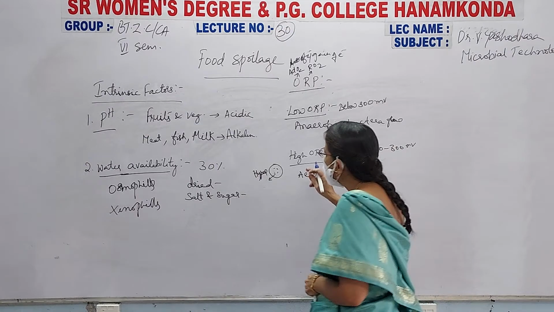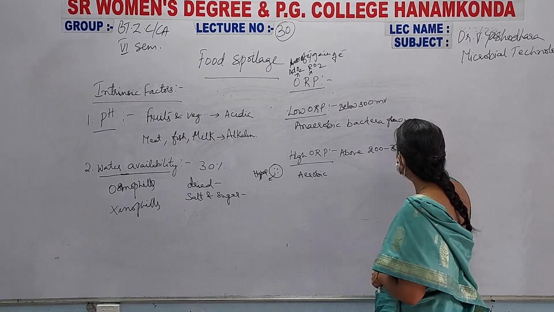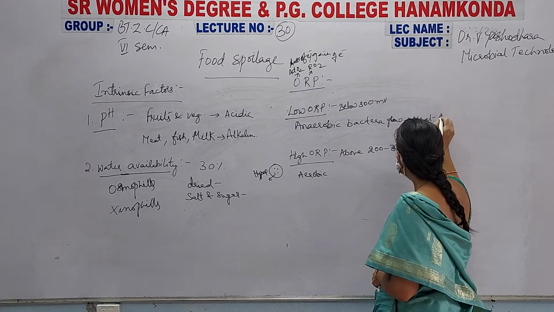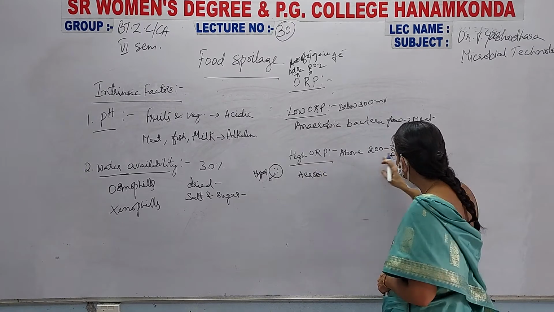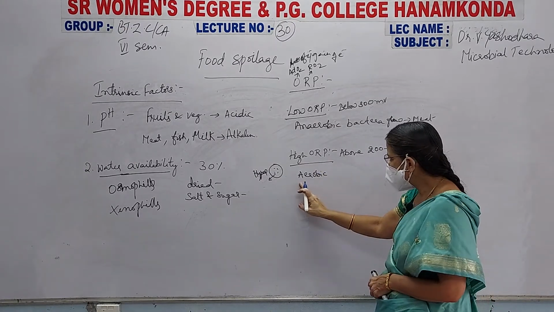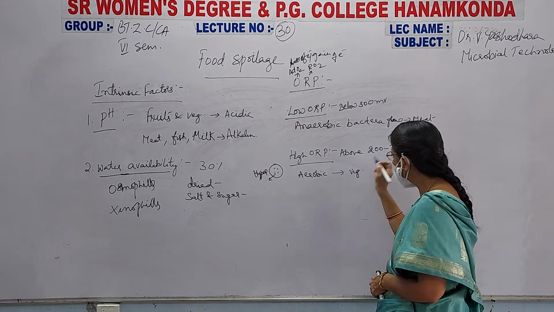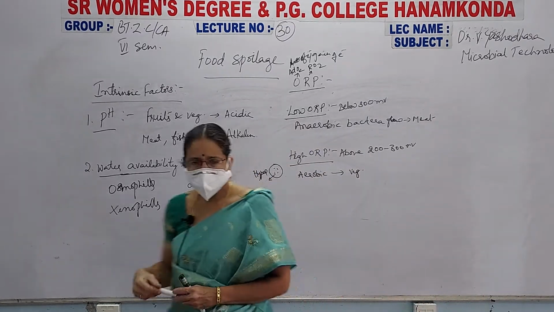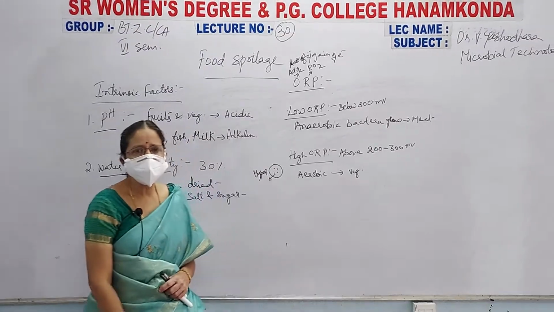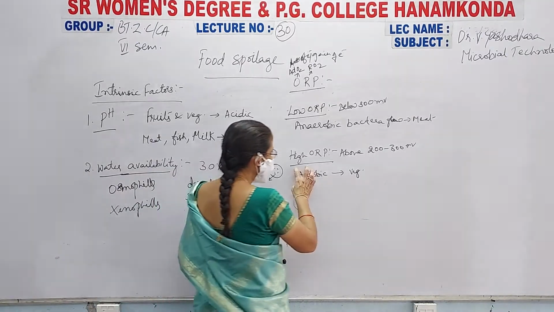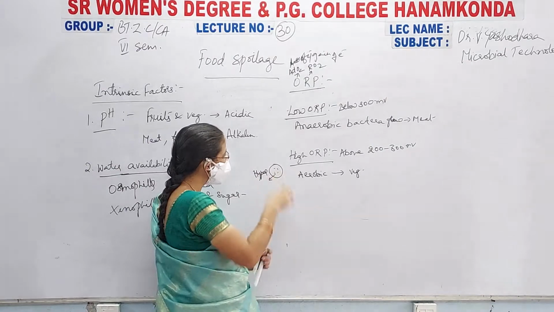When it is low ORP, the anaerobic bacteria start growing on meat and damage the meat. When it is high ORP above 200 or 300 mV, the aerobic bacteria grow and spoil vegetables. Your fruits and vegetables are damaged when high aerobic condition is maintained. This is about the ORP.